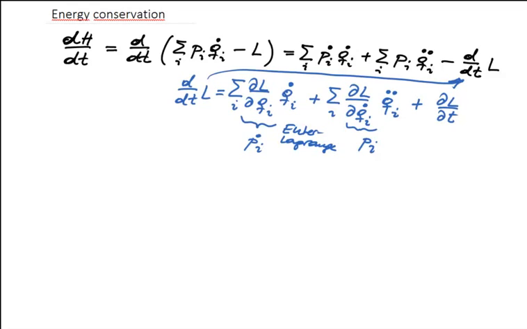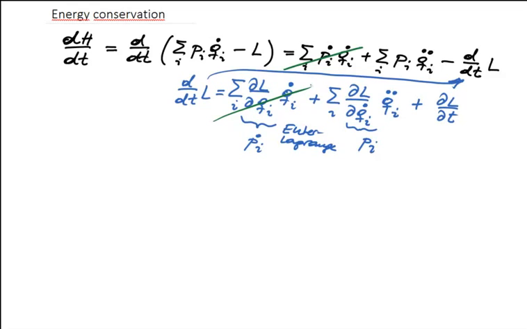Now we recognize that some of the terms in the expression for dH over dt cancel. The sum over i of p_i dot q_i dot we have both on the first line and on the second line, with different signs contributing. So they cancel.